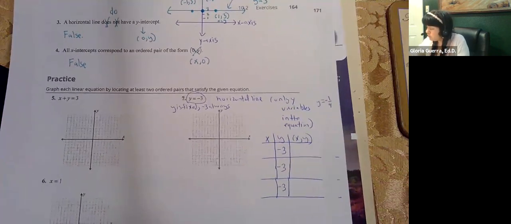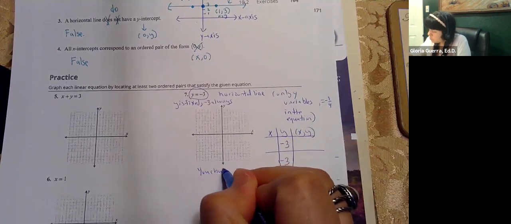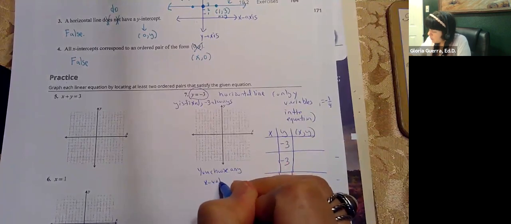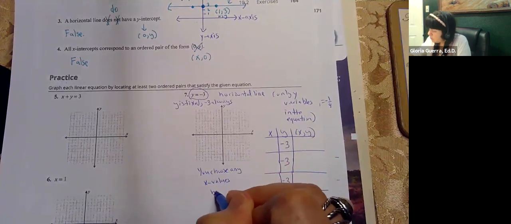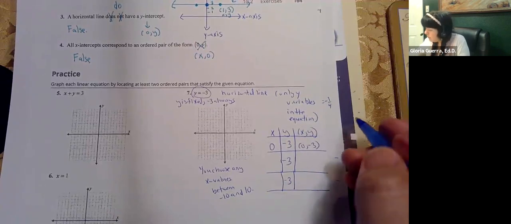And then you choose any x values that are between -10 and 10. So I'll choose 0 because again, 0 is very popular. It's an intercept, (0, -3).